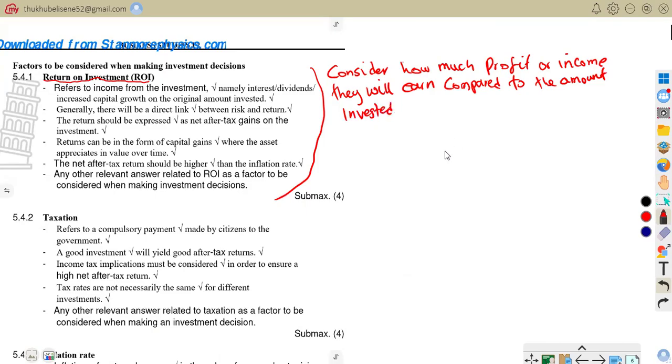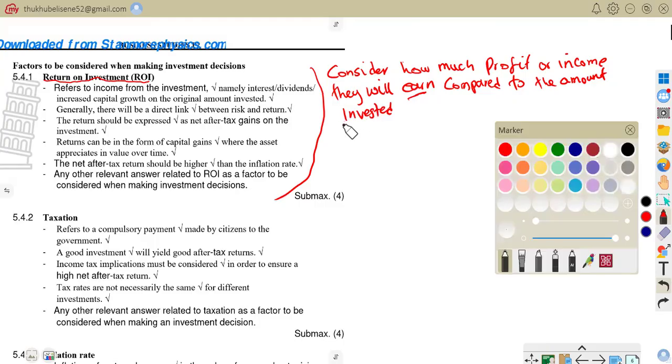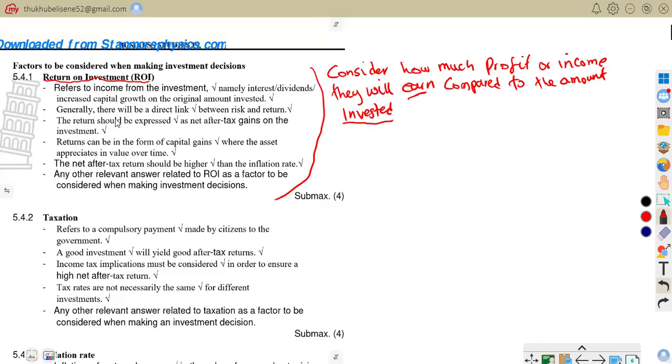So that is that. They want to know the return on investment: how much they are going to earn compared to the amount that they have invested.